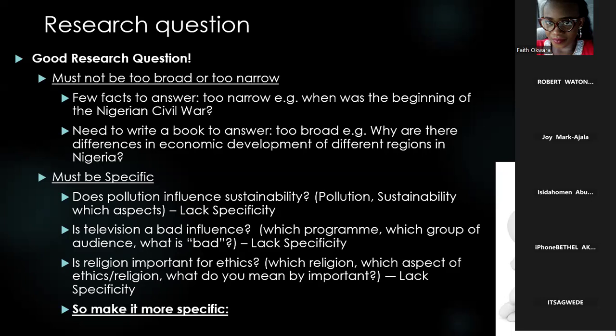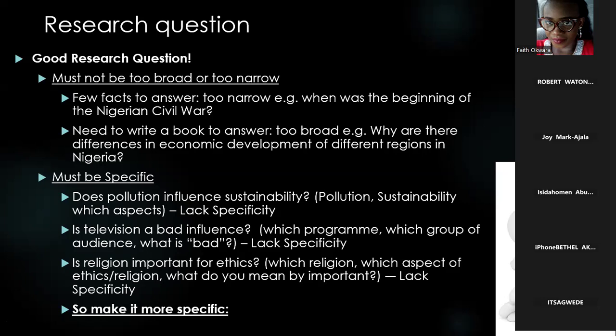For the first one, I would ask, how does environmental pollution influence economic sustainability within the rural areas?